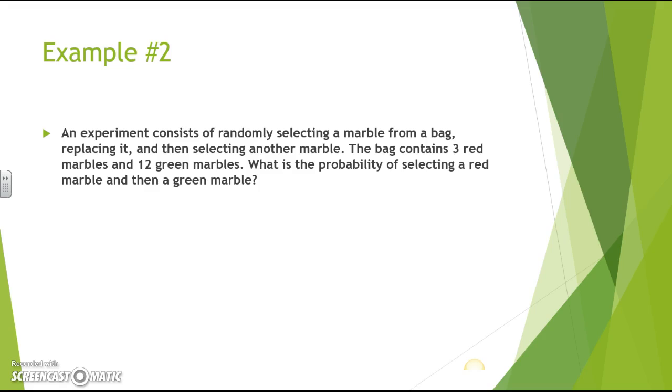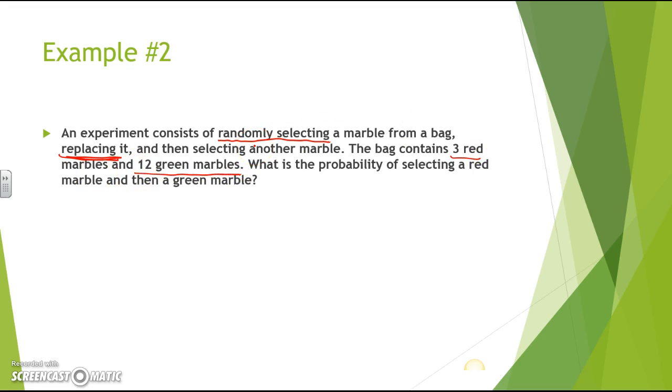Here we have another example. With this, we are going to be working with probability to figure out what it's asking. It says an experiment consists of randomly selecting a marble from a bag, and then we are replacing it. And then we're selecting another marble. The bag contains 3 red and 12 green marbles.